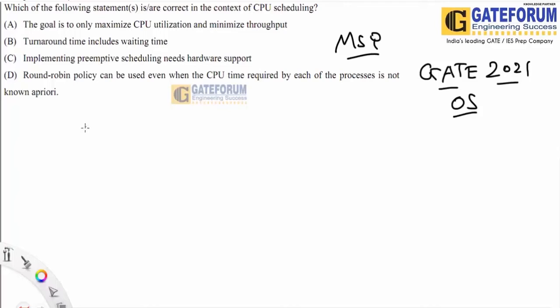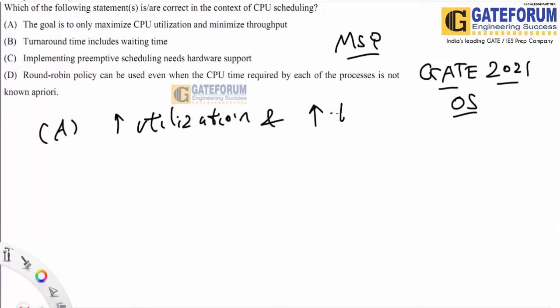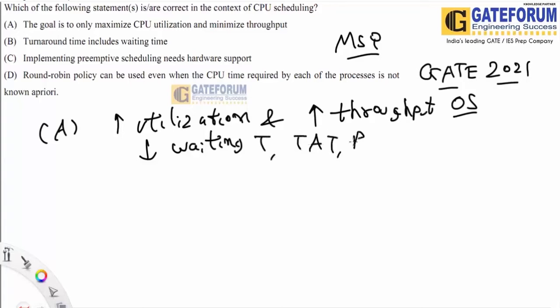First and foremost, the goal is to maximize CPU utilization and also to increase the throughput. Minimizing throughput is the wrong statement. We also need to decrease the waiting time, turnaround time, and response time.